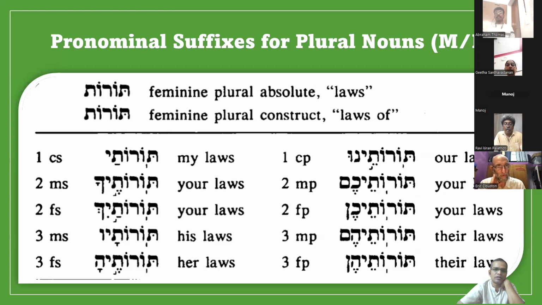With the feminine ending, you see there is no change between the absolute state and the construct state. Torot, Torot only. So you will simply add the endings: Torotai, Toroteka, Torotaik, Torotav, Toroteha, Torotenu, Torotekem, Toroteken, Torotehem, and Torotehen.